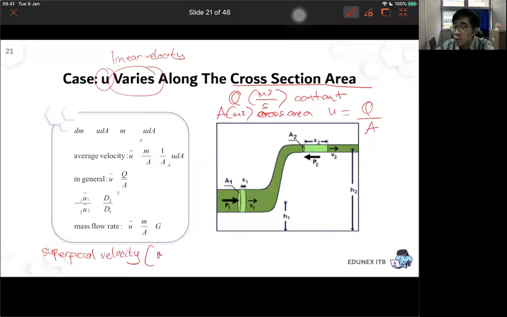The unit is also meter per second, but this is a term to specify how fully the liquid fills the cross-sectional area of the pipe. But when you do the mass balance equation, of course, the area will be the cross-sectional area of the liquid if it's not fully filling the pipe.